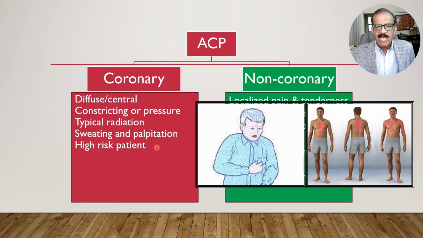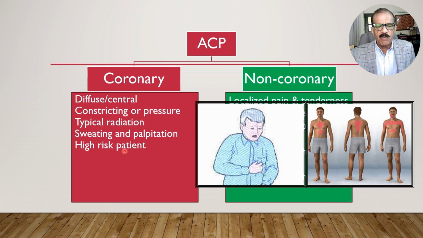Now, very important, we should always consider this fact: if the patient is a high risk patient, then even atypical pain should be evaluated, and you want to rule out coronary artery disease by an appropriate test.